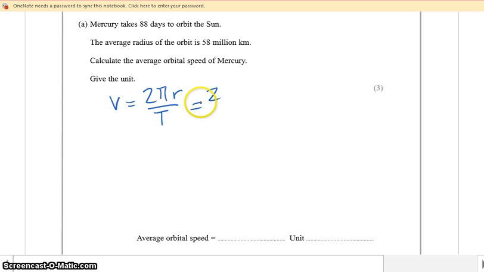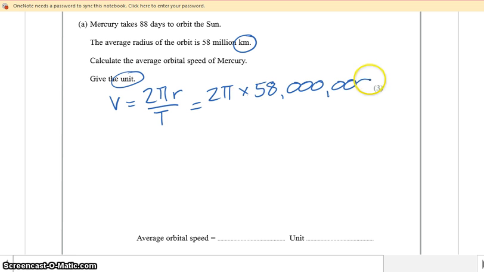start using it. Now it says give the unit, so they've given you a reminder there, and there's many ways that you could work this question out. The most straightforward way is to use the units of kilometers. So I need to do 58 million, so that's 6 zeros.